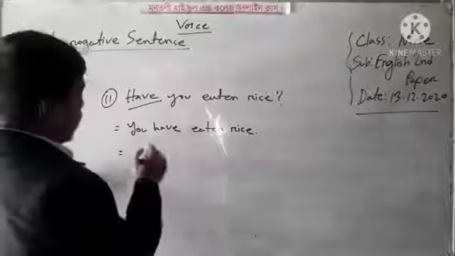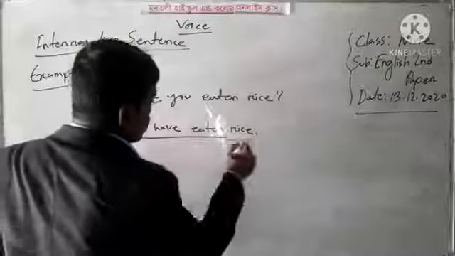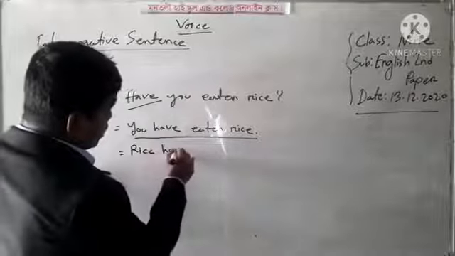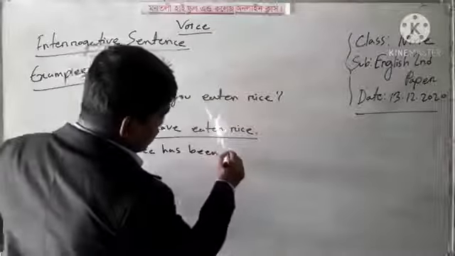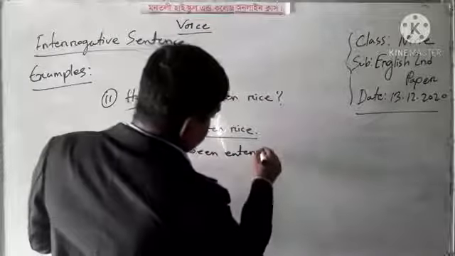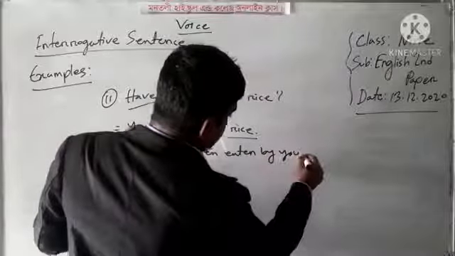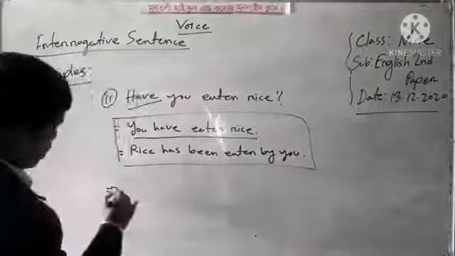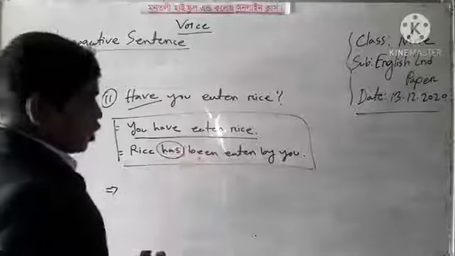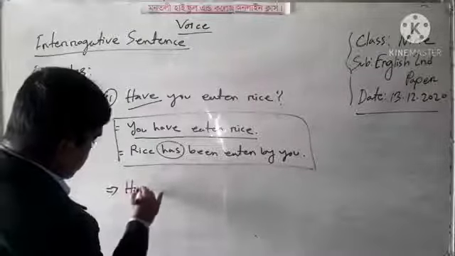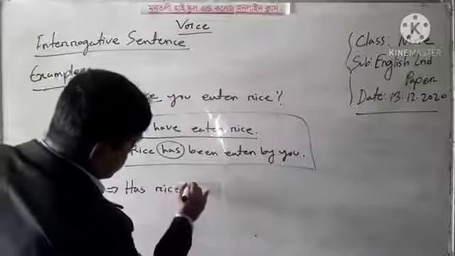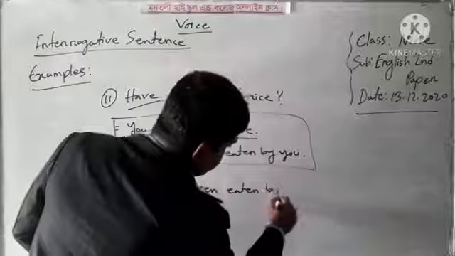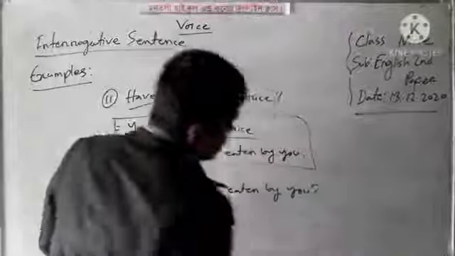And if I turn it into passive, the sentence will be: rice has been eaten by you. Now I have come to the main point. Has is the auxiliary verb here, so I have to write it first: Has rice been eaten by you? Interrogation mark.